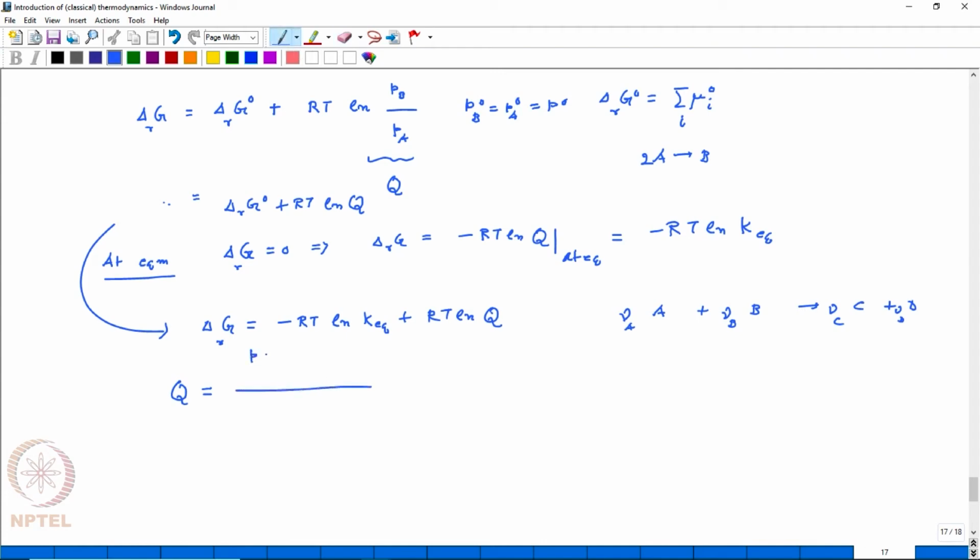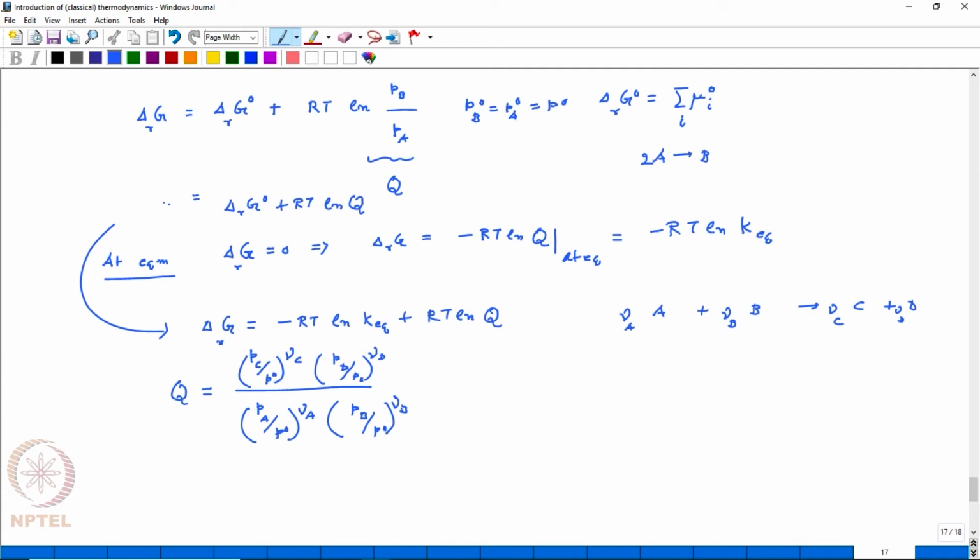We will have P C by P0 to the power nu C, P D by P0 to the power nu D, and then we'll have P A by P0 to the power nu A, and P B by P0 to the power nu B.